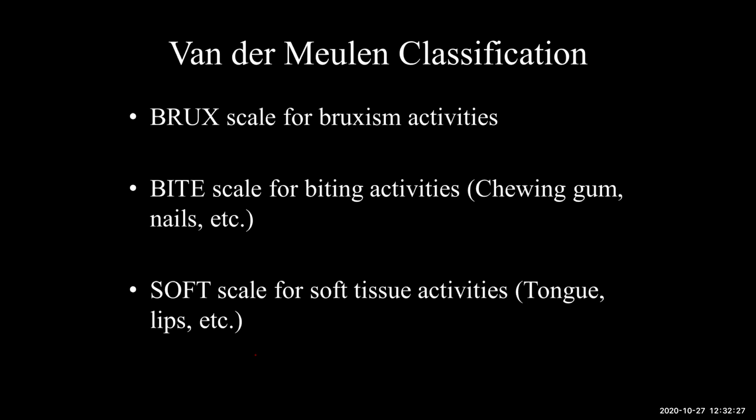You might need to learn that scale, but basically, if they're a grinder, they're a grinder. There's a bite scale for biting activities. Are you chewing gum all the time? Are you chewing your nails? What are you doing? And then there's a soft scale for soft tissue activities, tongue, lips, those type of things, tongue thrusting. So they've got scales for everything. Do you need to know this? Heavens no.